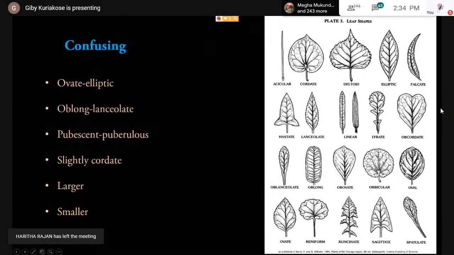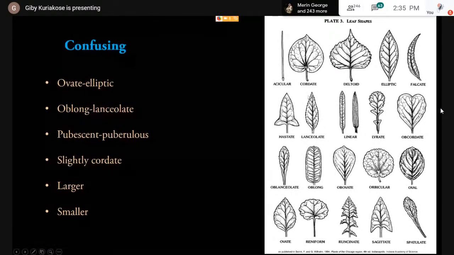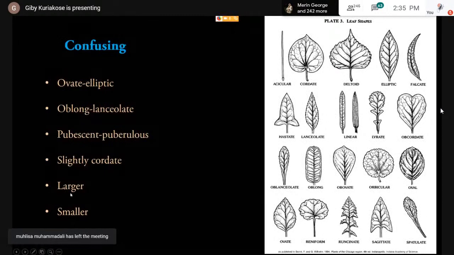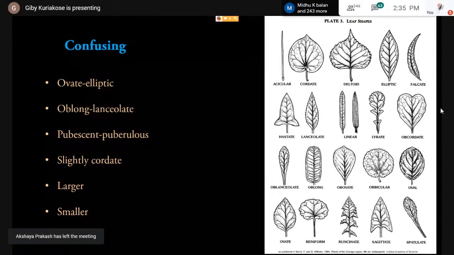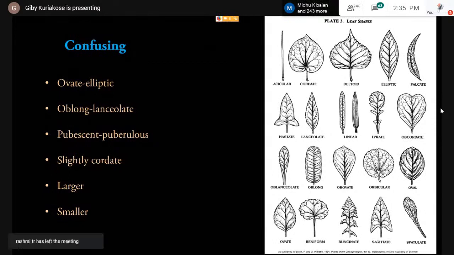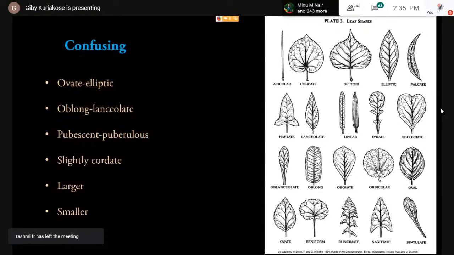We don't know whether it is slight when compared to an actual, bigger cordate leaf. Then there will be terms like larger and smaller. We don't know how large or how small it can be. Fortunately, if there are measurements available, but the majority of keys may not have measurements.